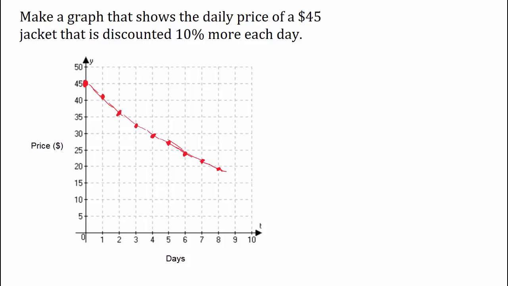We see that the graph gets a little bit less steep each day, as the value of the jacket was decreasing by less and less, because we were taking 90% of a smaller and smaller number. If we compare the graph of the daily price of the jacket, we see that it's not a straight line. The discount is worth less and less each day.